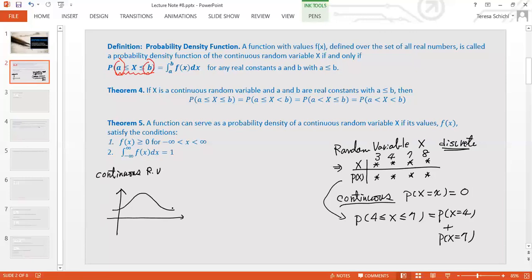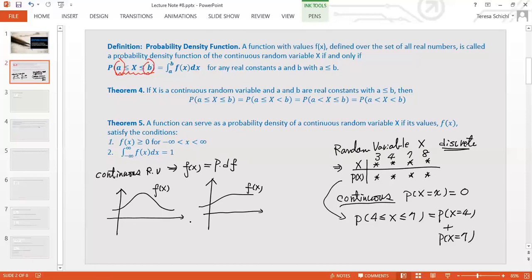The curve may be like this, or like this, depending on what type of function it is. This is what we define as f(x). This is how we define the probability: we call it a probability density function. So we cannot just write a table to represent it anymore.